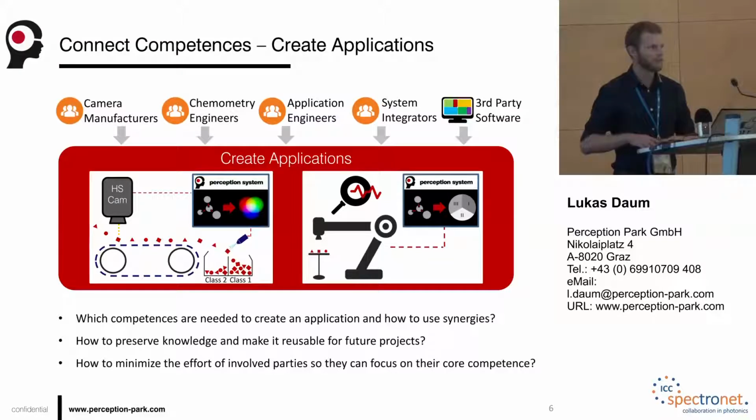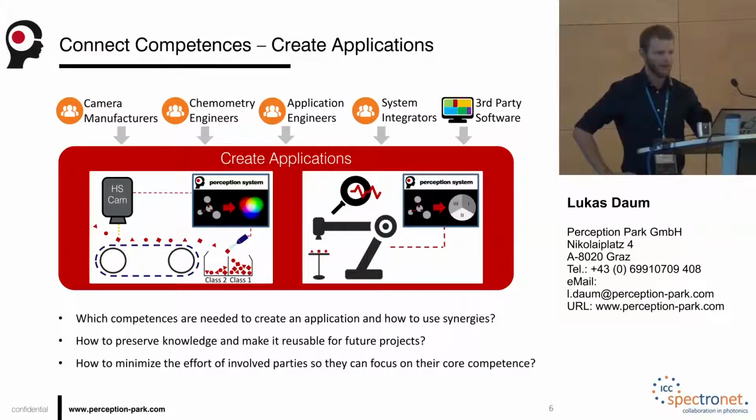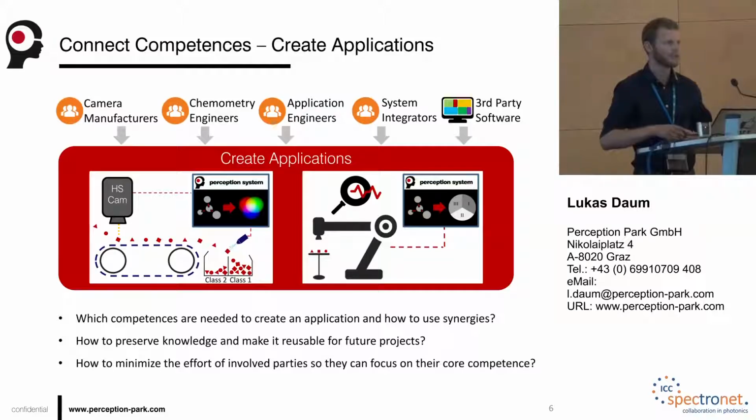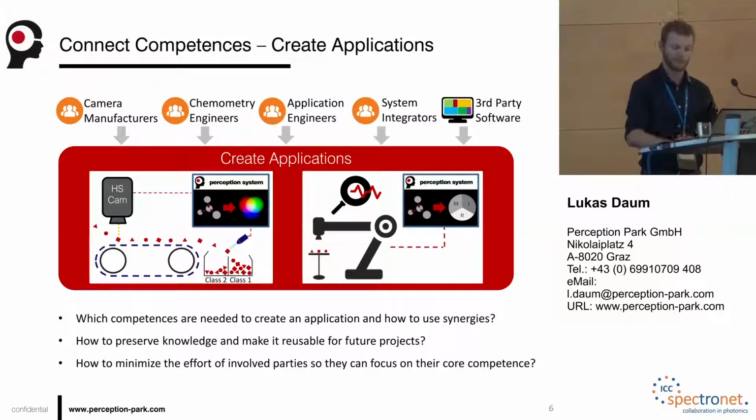We want our software to be a platform for all those parties, so everyone can focus on their core competences and don't need to worry about everything else. Also, a modular approach makes it very easy to reuse parts that were created once.